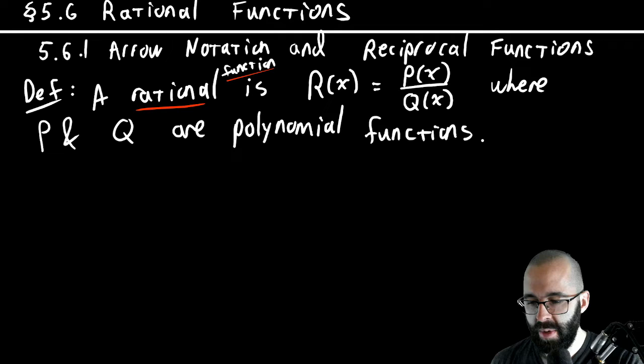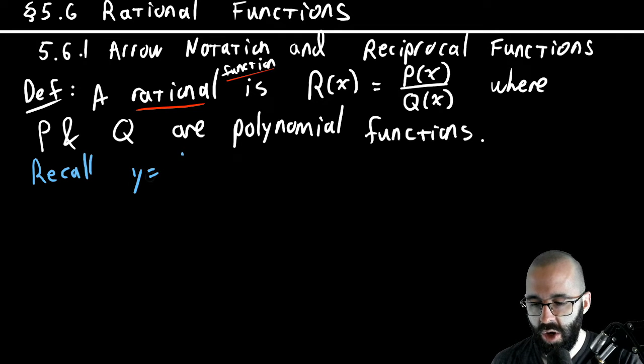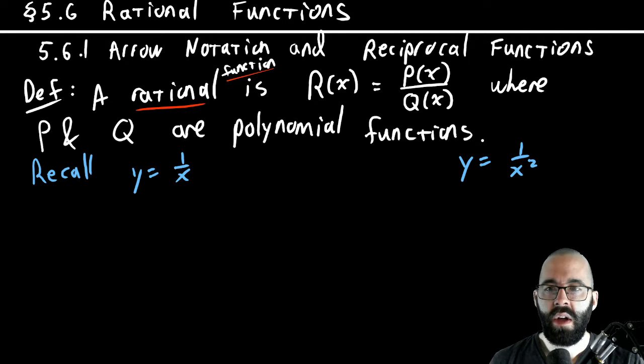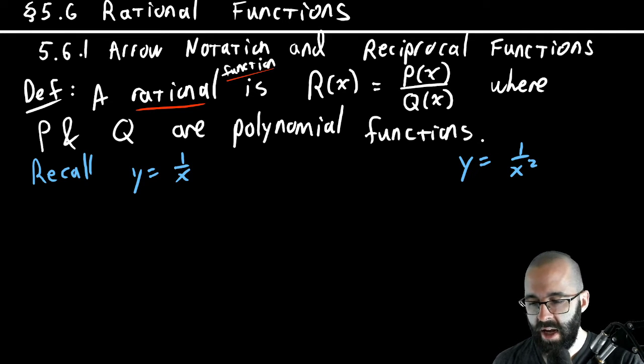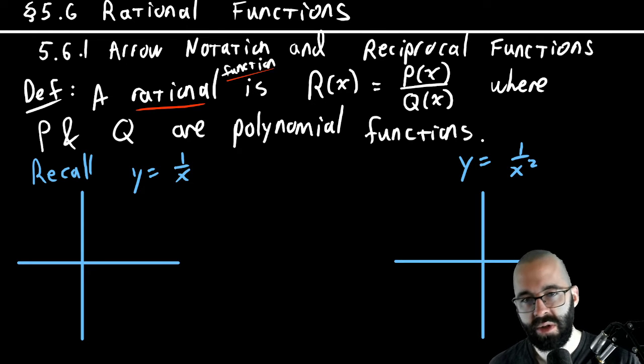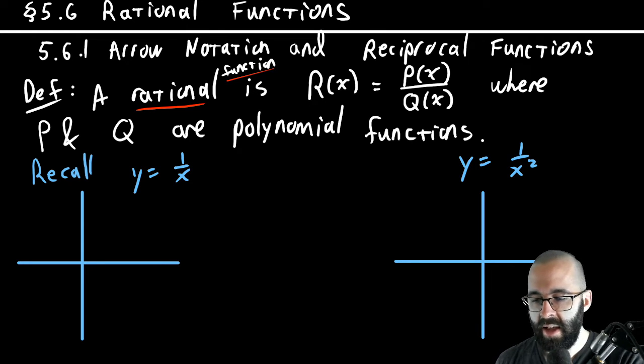So let's remember a little bit some toolkit functions that you should hopefully be familiar with. 1 over x and 1 over x squared. All right, so these are the reciprocal function and the reciprocal squared function, and they should look a little familiar to you.